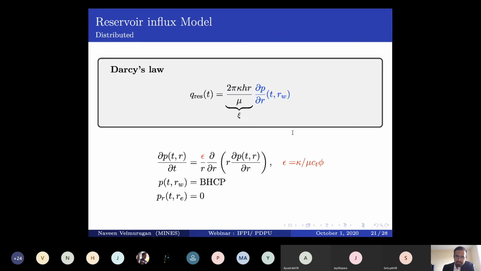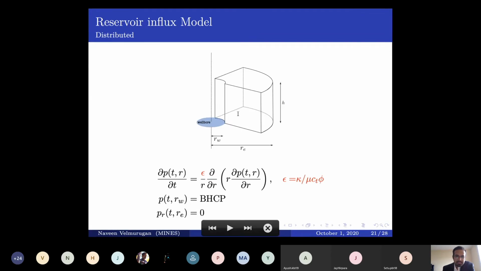So if you want to go towards a more accurate model for reservoir influx, that is given by Darcy's law. I believe that you are already aware of this particular relation as well, which is dependent on the near wellbore pressure gradient, that is P at RW, dP/dr at RW. Where do this RW and RE lie, right?